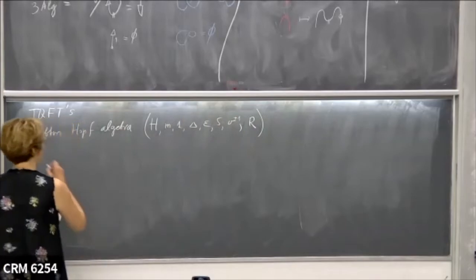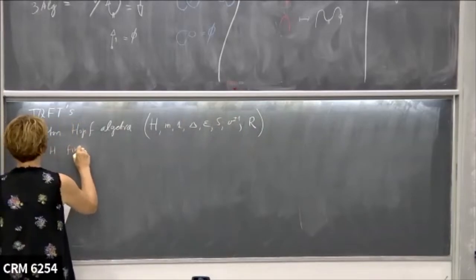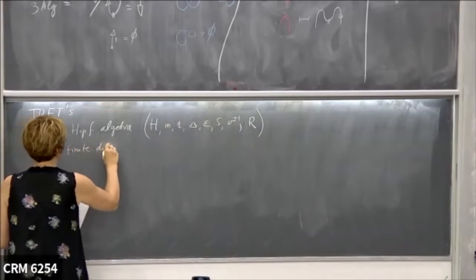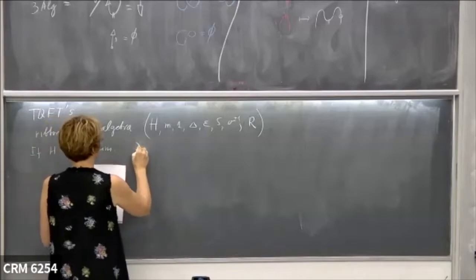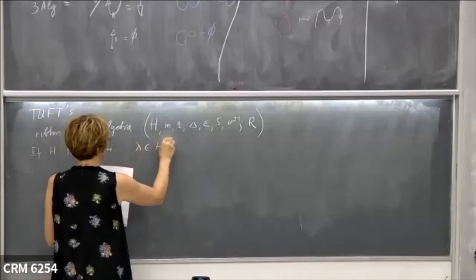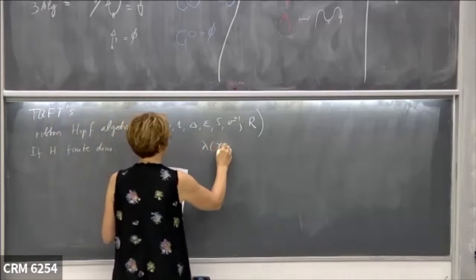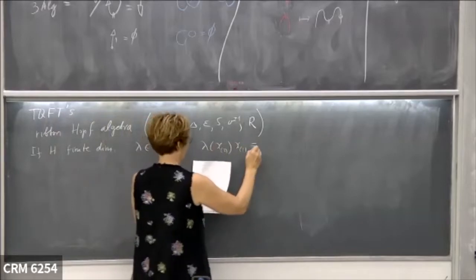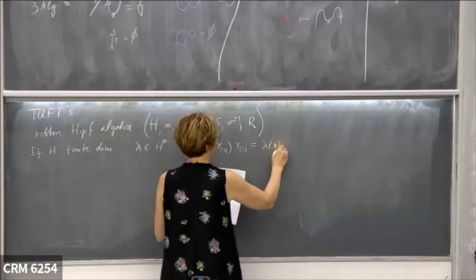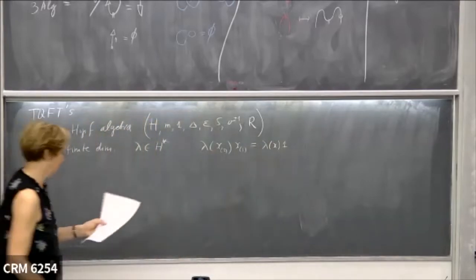And now if H is finite dimensional, then you can also have an integral, which is a form on H with the property that lambda of x2, x1 is equal to lambda of x times 1. So this is just the defining property for the left integral.